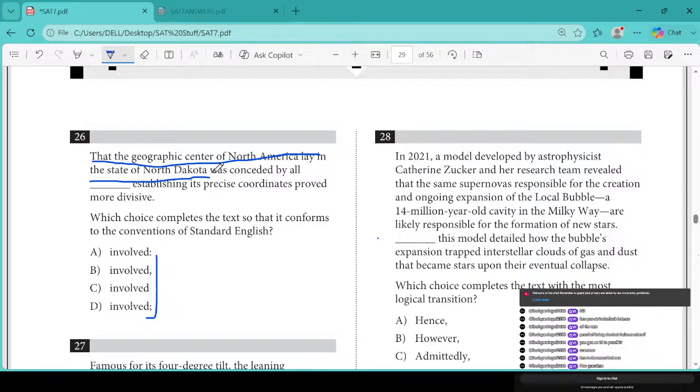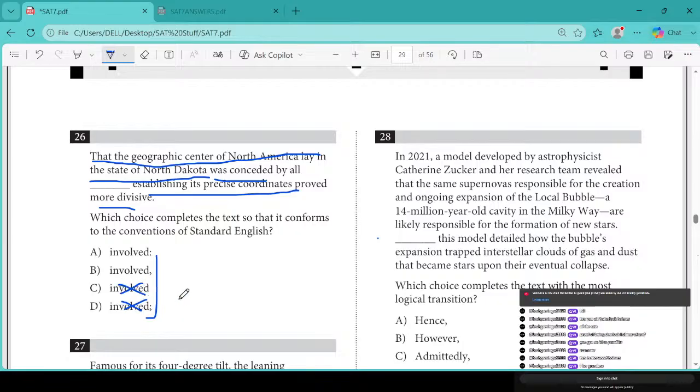This is the verb. So establishing until divisive, yeah, that is not an independent clause. That's a phrase.